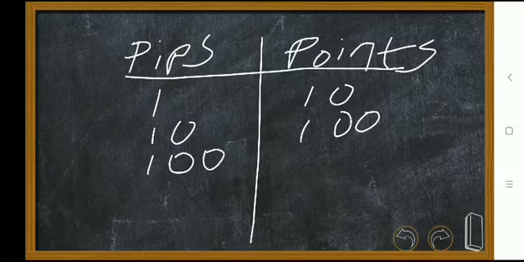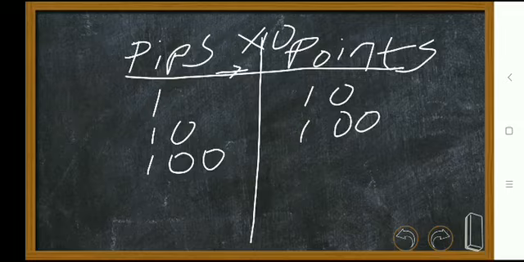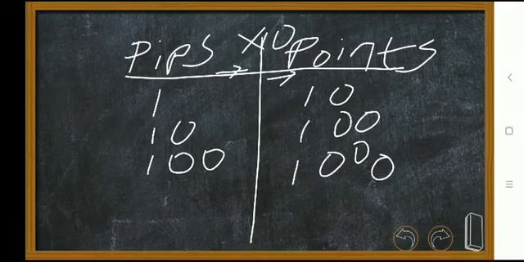Remember, we just multiply by 10, here to here. 100 pips is 1,000 points, because you'll find that mentors tell you to add pips, some tell you to add points, but then in most brokers you will find that they deal with points. So it's very important that you know the conversion from pips to points, or from points back to pips.